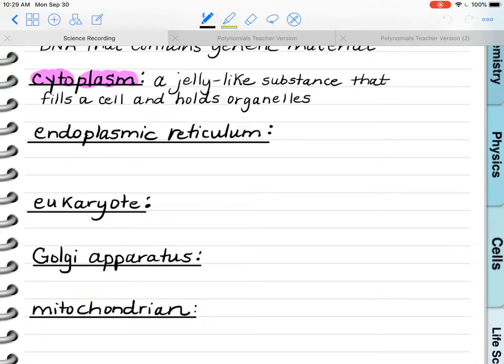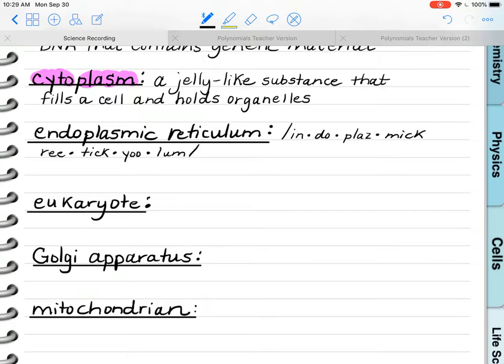This is called the endo, and I'm going to sound this one out, endoplasmic reticulum.